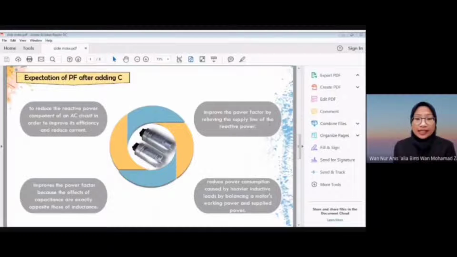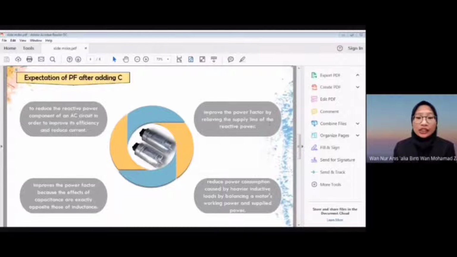Next, we continue to the expectation on power factor after adding C. The most common power factor correction device is the capacitor. In an AC circuit, magnetic reversal due to phase difference between current and voltage occurs 50 or 60 times per second.